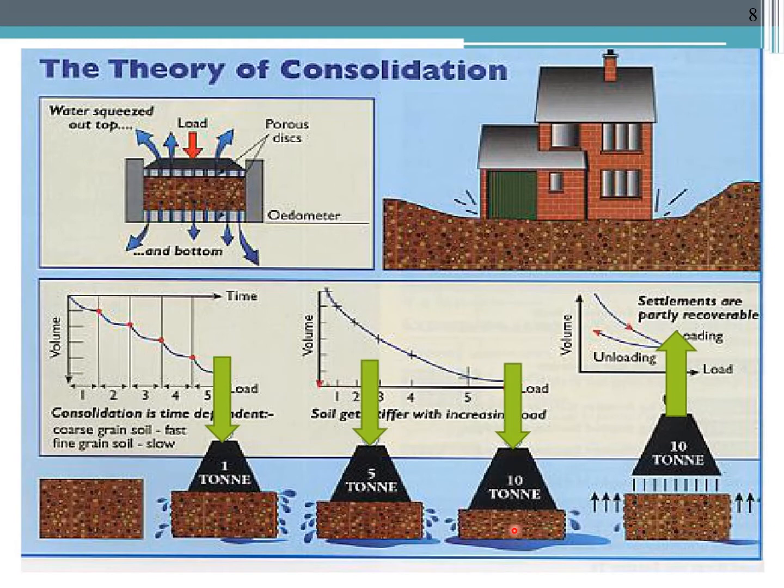And then when you increase to 10 ton, we have more water squeezed out from the soil. And then after that, when we remove the load, the soil expands a little bit, right?